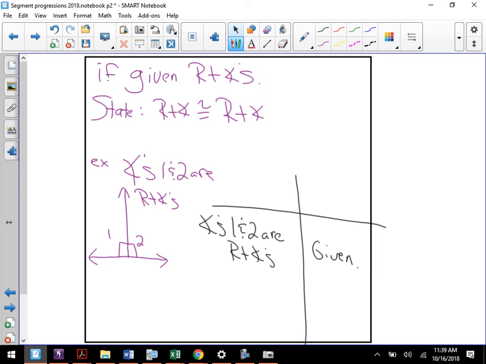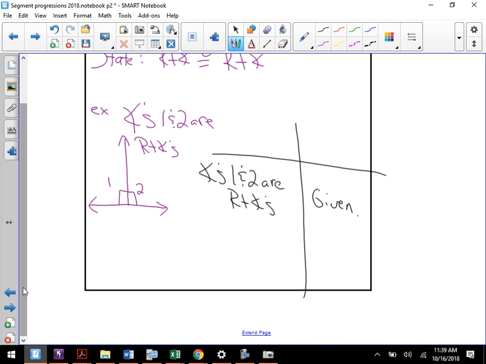If 1 and 2 are right angles, what's the relationship then between angle 1 and angle 2? What are we stating here? Congruent. Quite literally just filling this in with the same thing we just wrote.